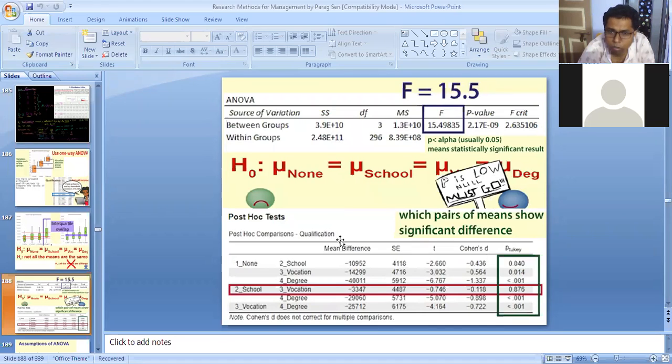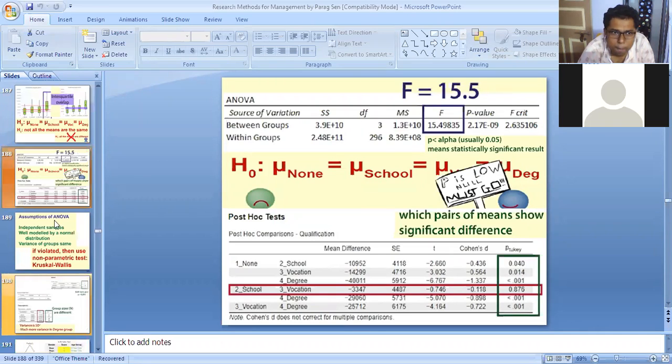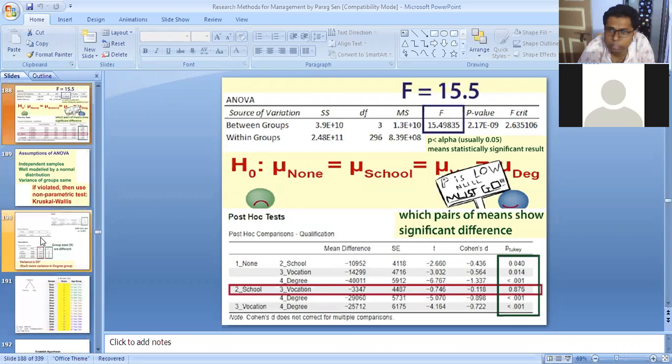And your second conclusion is that the variation exists in all the cases except the school level and vocational level comparison. That means school level and vocational level people do not have much difference in terms of salary at population level. So this is a very good example.